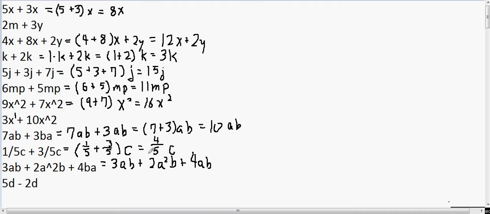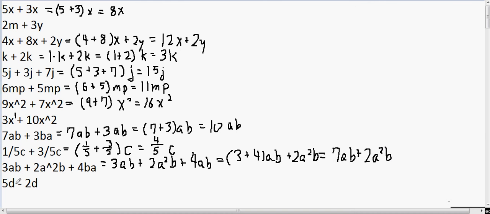But the first term and the third term both have a variable part of ab, so we can combine the first and the third terms together. So we get 3 plus 4 multiplied by ab, and we can add 2a squared b to that. Three plus 4 equals 7, so we get 7ab plus 2a squared b.